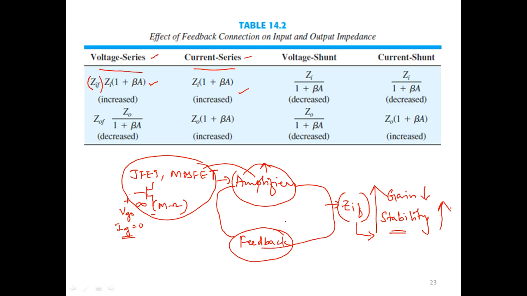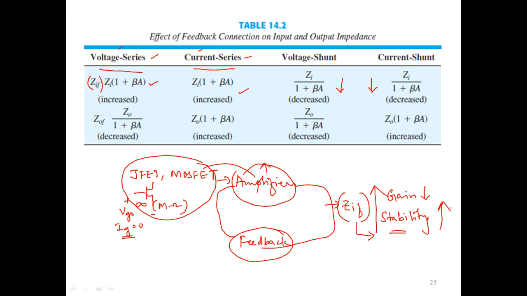So the point is ZIF increases in voltage series and current series. But what about the voltage shunt and current shunt configurations? Here the input impedance decreases in both the cases. What about the output impedance?